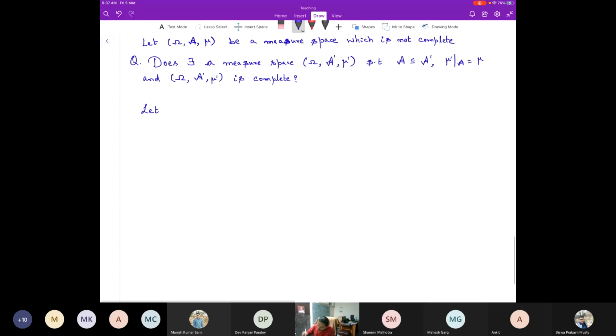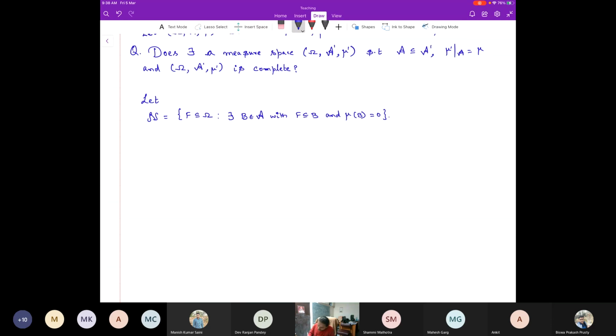So let me call script N all those F subsets of omega such that there exists B in A with F contained in B and mu of B is 0. So you already have a measure space omega, A, mu, which is not complete, and now you have chosen this one.